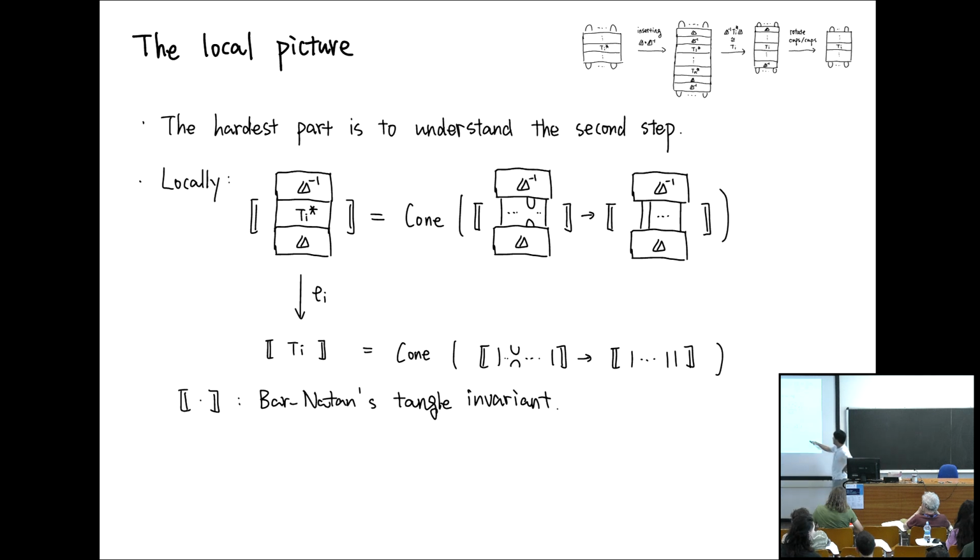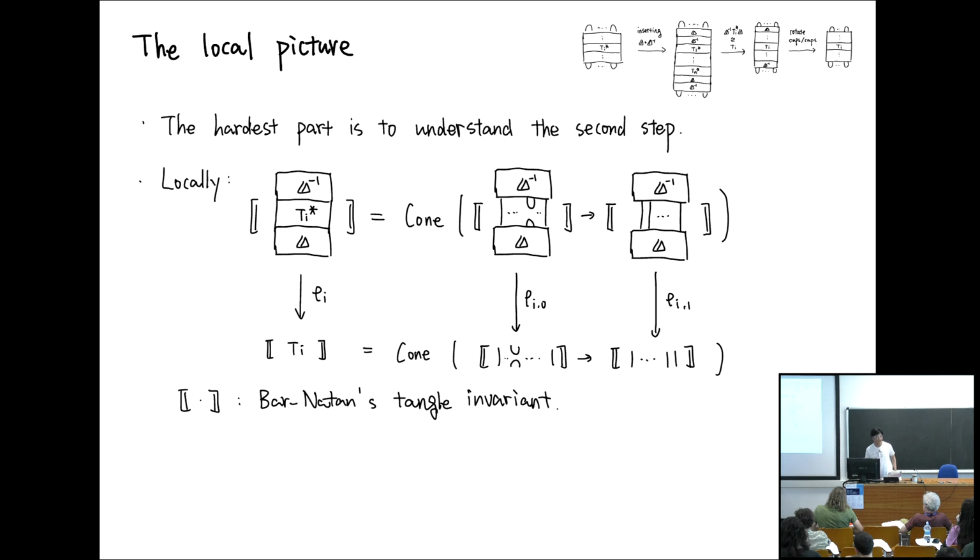From this picture, for this one resolution, you have a cobordism map from this to this by just cup sliding: slide this cup to the bottom, and you can cancel the half twist out. In fact, you have a cobordism like that, which basically eliminates this half twist.